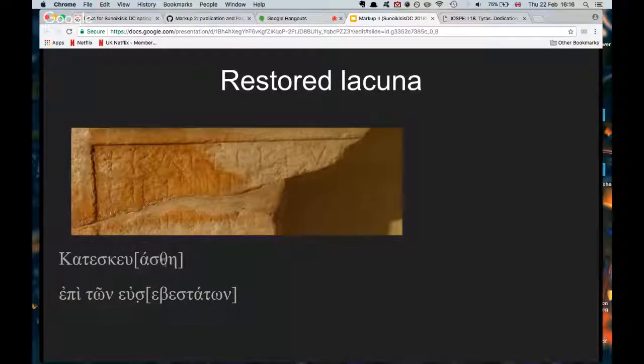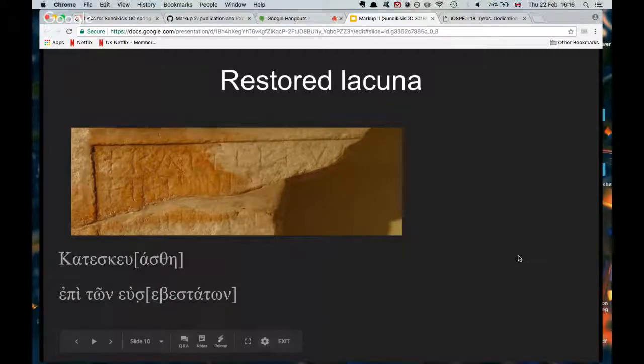One of them, the end of the first word, aste, the second one, the end of the word on the second line. So you see how the stone is broken on the right-hand side, but the editor can still read those 2 words. So the editor is restoring those readings.